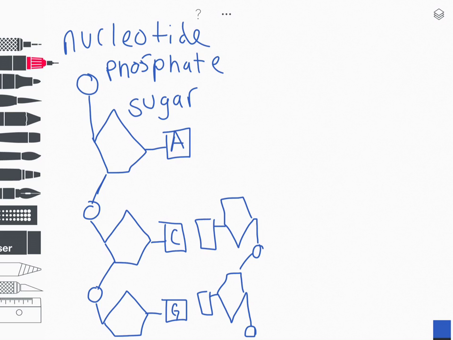My ability to draw upside down is not nearly so good. Phosphate attached to a sugar, attached to a base. Okay? And so you have two strands and they run in opposite directions, and we give that a name. It's called being anti-parallel.